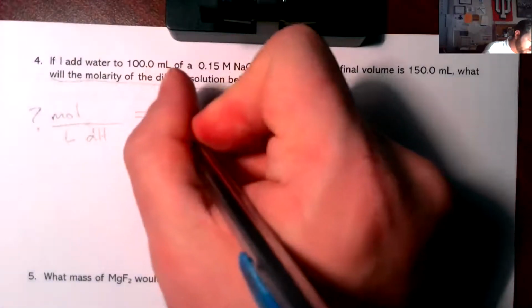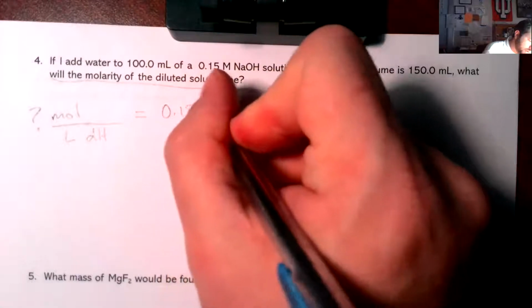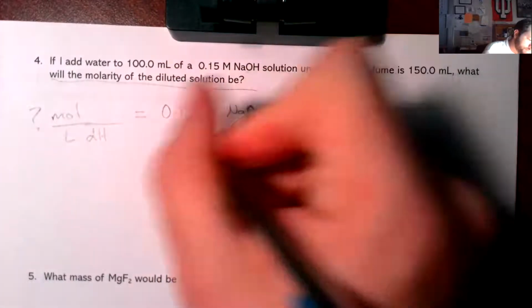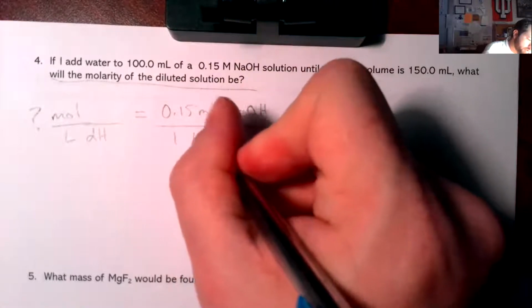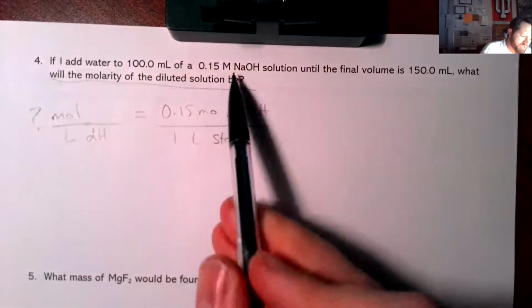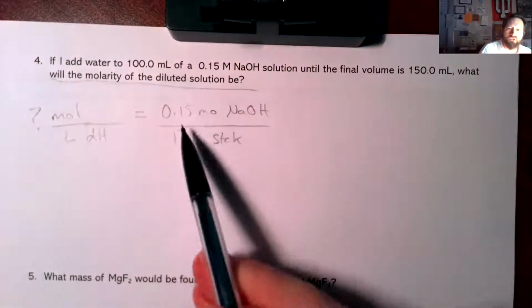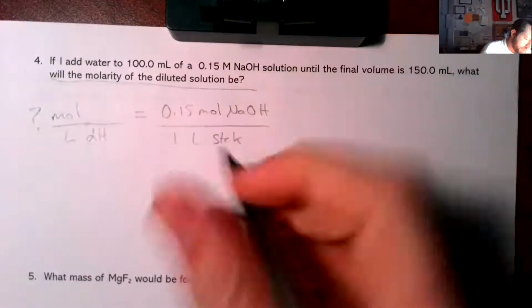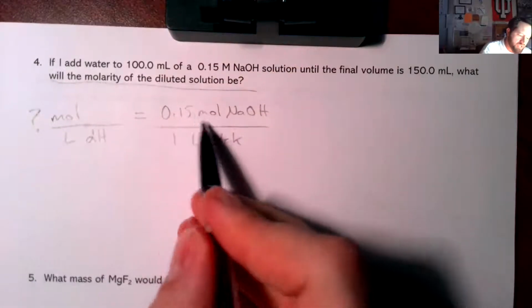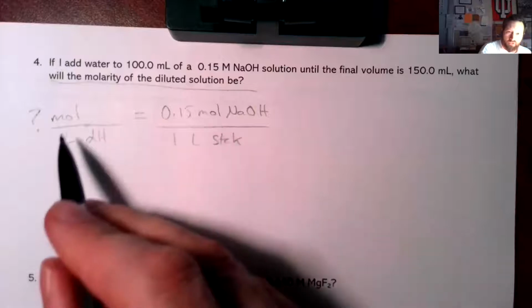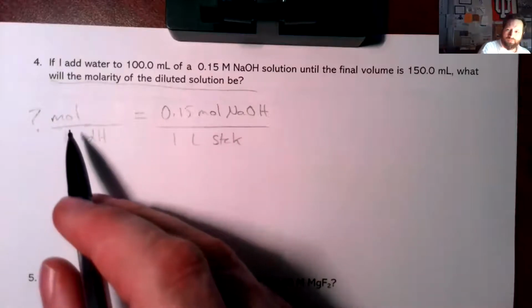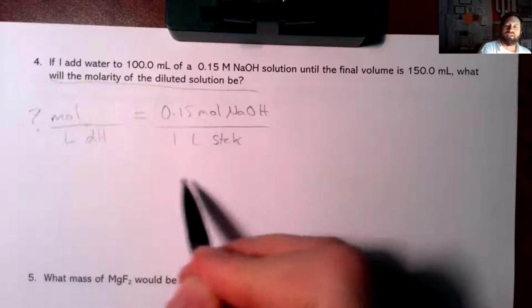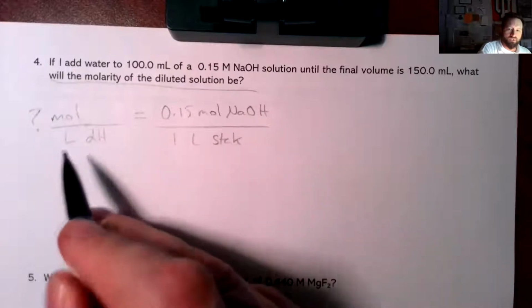So I'm going to start with that, 0.15 moles of NaOH per 1 liter. I'm going to call that my stock because that is my stock solution there. So 1 liter of stock has 0.15 moles in it. And there we go. We're done with moles. We've got moles. We wanted moles. We're done on top. We just need to get our liters of stock to liters of dilution.